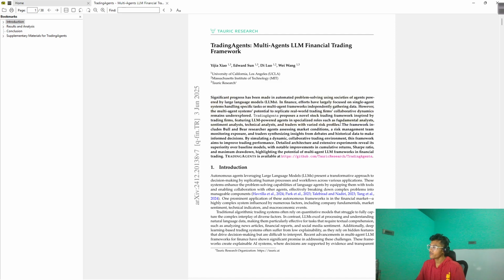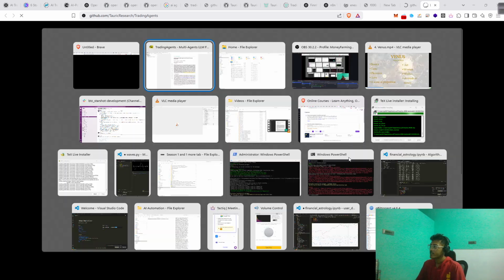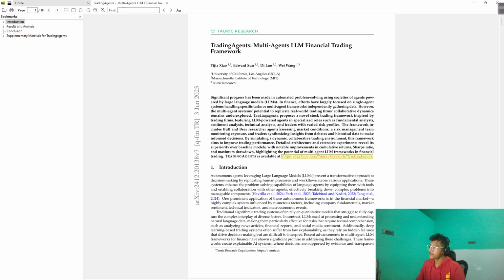So basically, our goal is to build an AI agent system using this library that they have released, to build a trading firm consisting of fundamental analyst, sentiment analyst, technical analyst, and risk analyst.